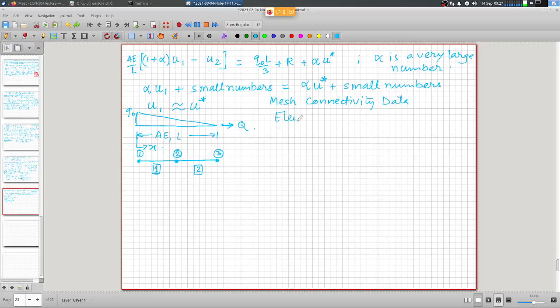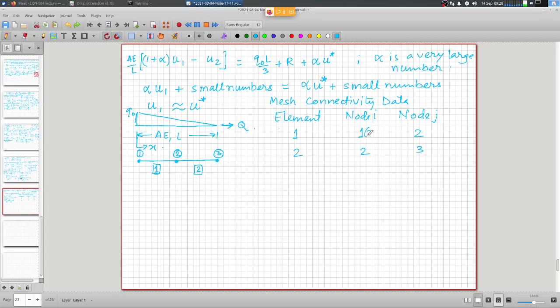So element, node I, node J. Element 1, node I is node 1, node J is node 2. Element 2, node I is node 2, node J is node 3. So the left hand side node and right hand side node for element 1, and for element 2.